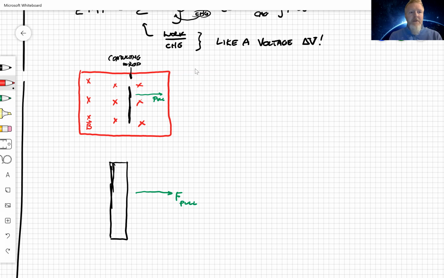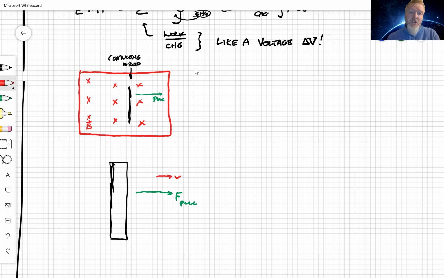So it's going to start moving this way. And if it's moving that way, then we're going to look at it and say, well, wait a minute, I've got some charges with a velocity in a magnetic field. So they are going to feel force, right?